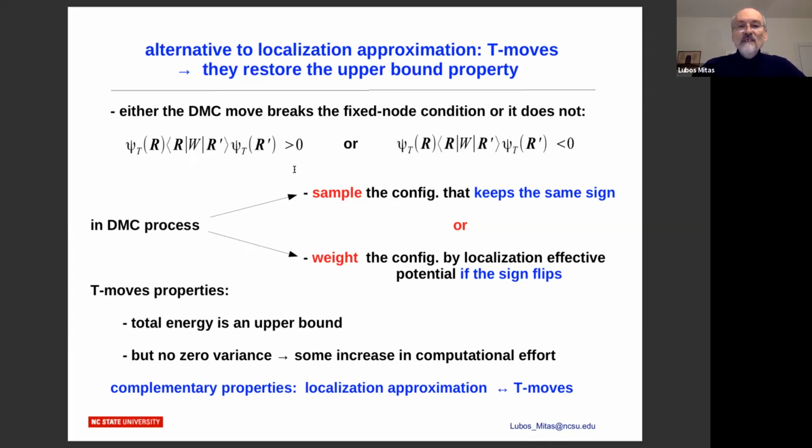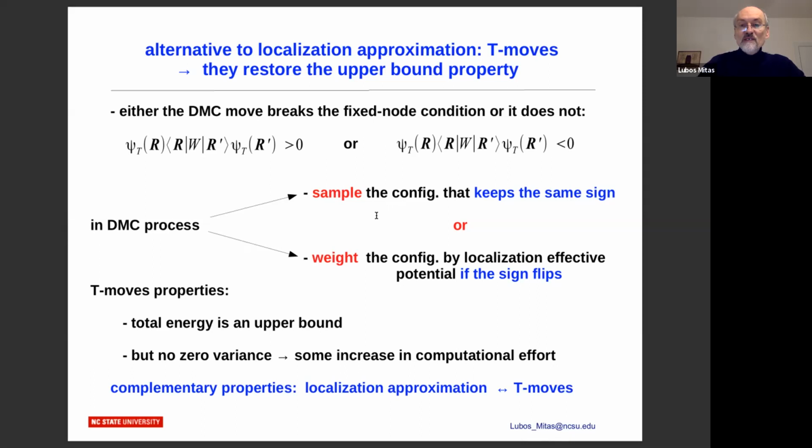And so how is it done with the T-moves? Basically, T-moves does the following. You do a non-local move if it doesn't change the sign of the wave function, namely, it doesn't violate the fixed node condition. And of course, there you can estimate from these products of the matrix elements of the ECP operator and the trial functions at the original and the attempted move whether it is either positive or negative.